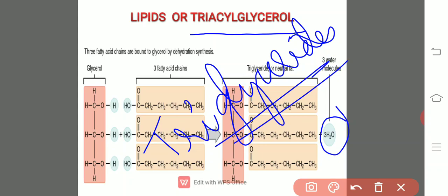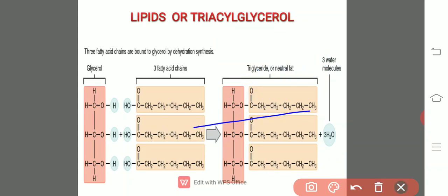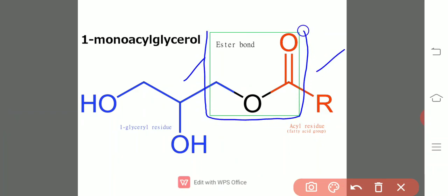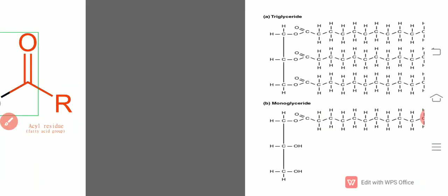If you see the bond, if it is a monoacyl glycerol, this is the glycerol molecule residue, and this is from the fatty acid, and the boxed item is the ester group, otherwise ester bond.